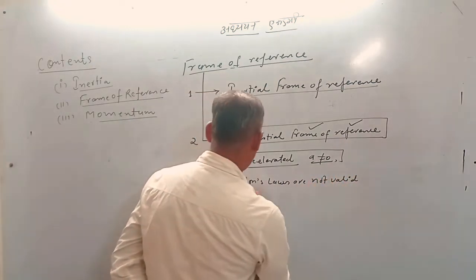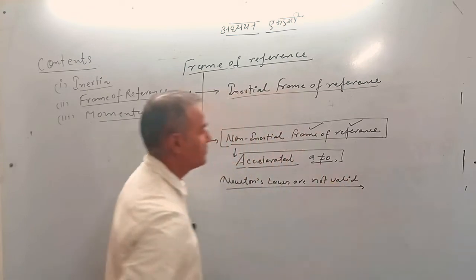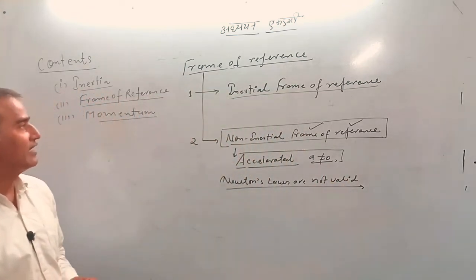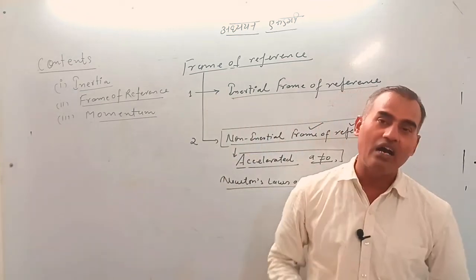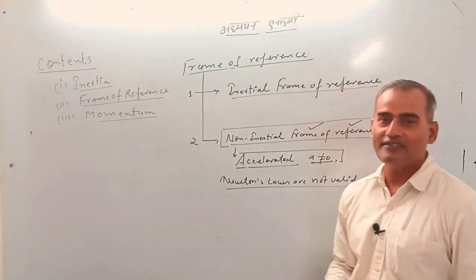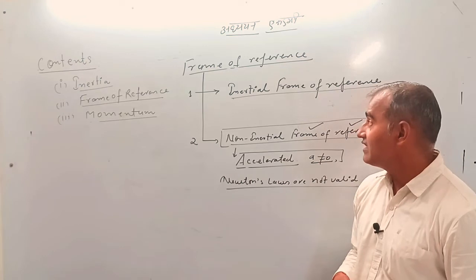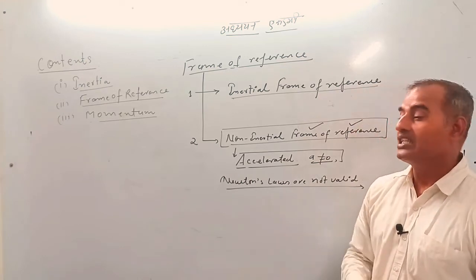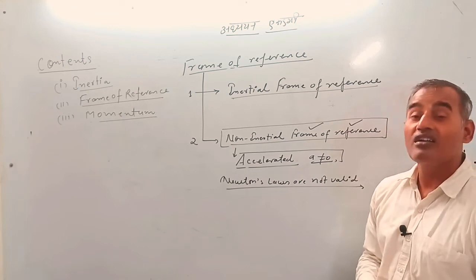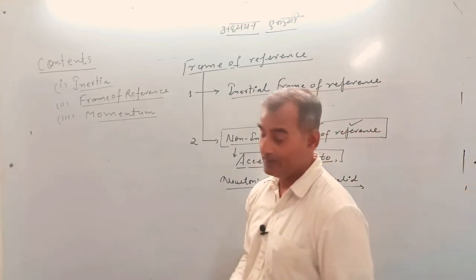So dear students, there are two kinds of frame of reference. One is inertial and the other is non-inertial. If laws are valid, then inertial. If laws are not valid, then non-inertial.